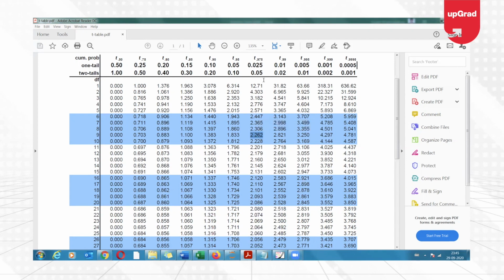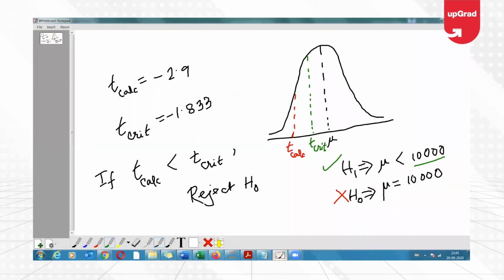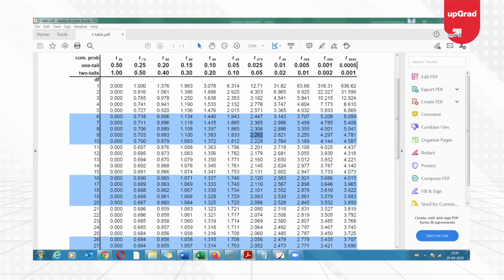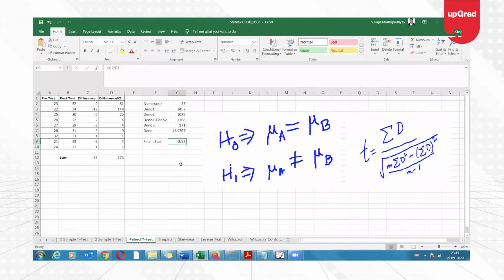This is the value for 0.05, 2.26, and the value which we have got is 2.52, so slightly off, which means I can reject the null hypothesis and accept the alternate hypothesis.